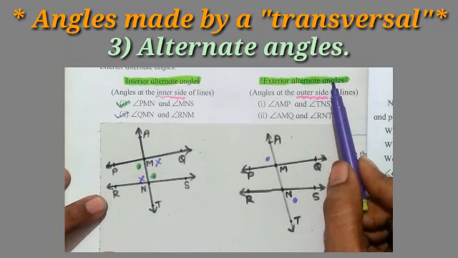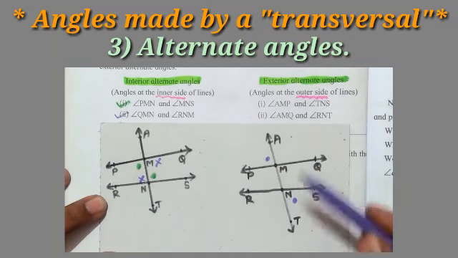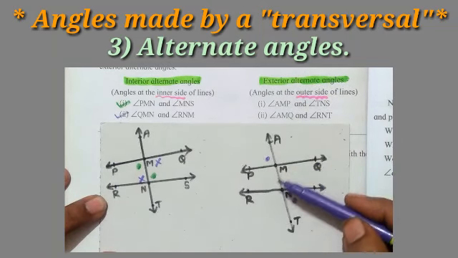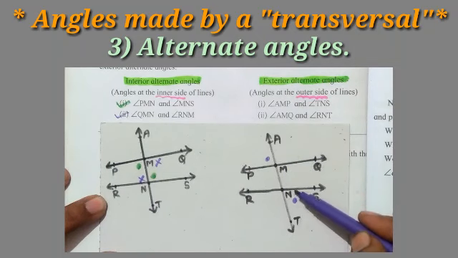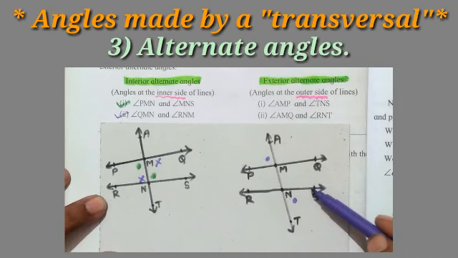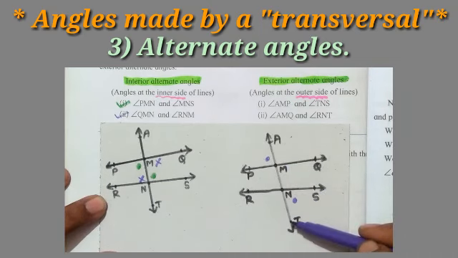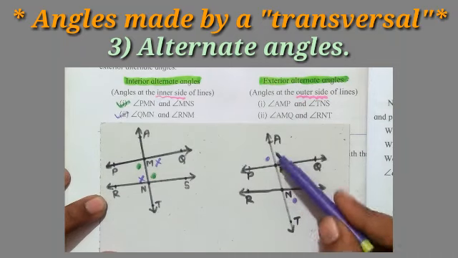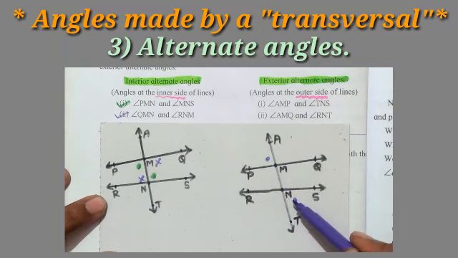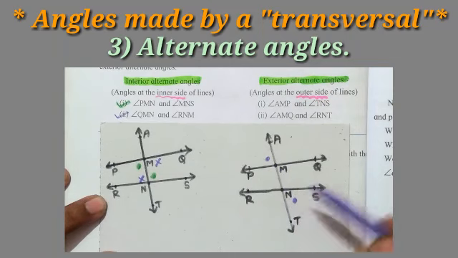How will it be called an exterior alternate angle? See here now. These angles are at the outer side of the parallel lines. These two, PQ and RS, are the parallel lines of the figure. So they are at the outer side of the parallel lines and opposite to the transversal. That's why it is called an exterior alternate angle.